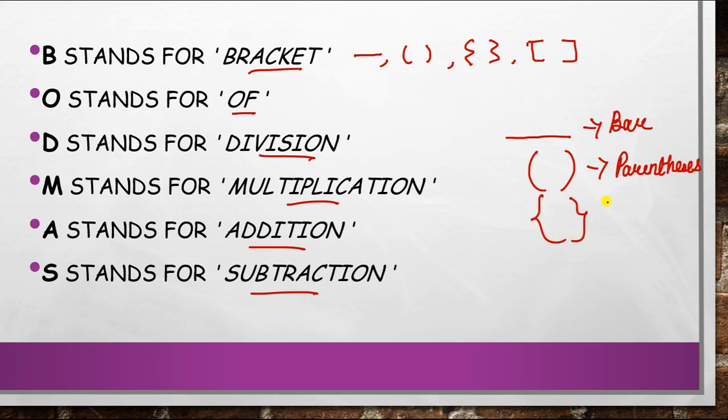This is known as braces. And next one is this. This is known as square brackets. So these are the 4 types of brackets which we are going to use.